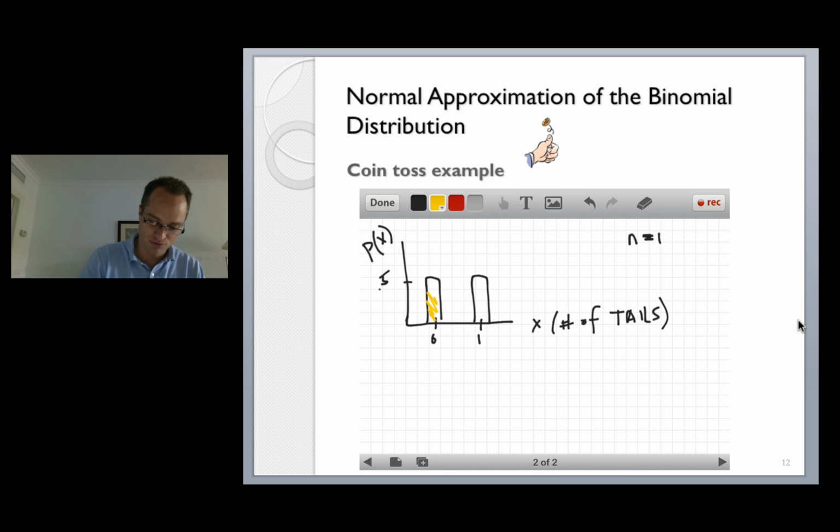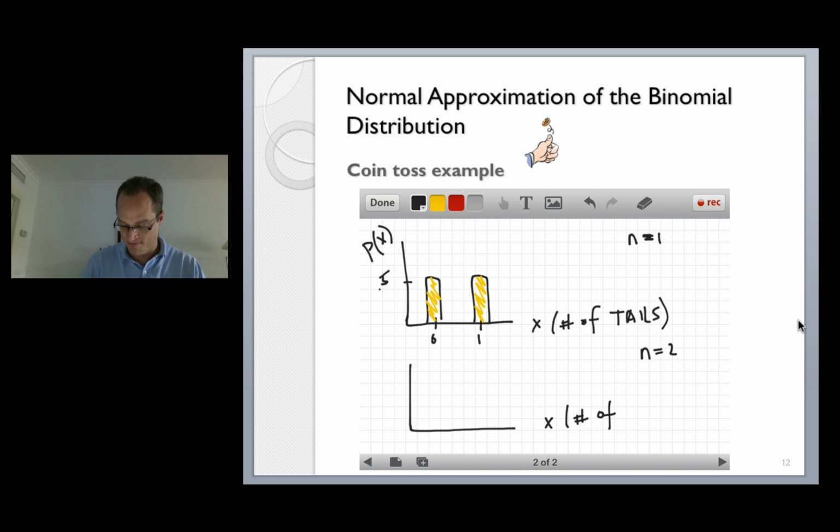Now, that's the basics of a probability distribution, and the number of possibilities increases with the number of flips. Same axis here, probability of x.